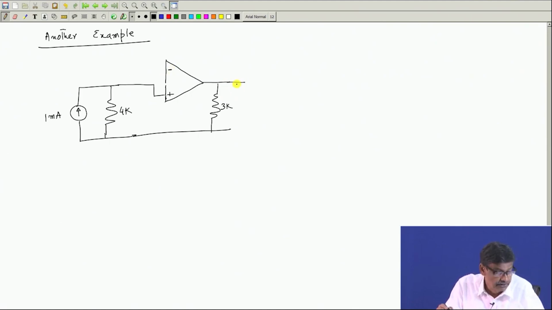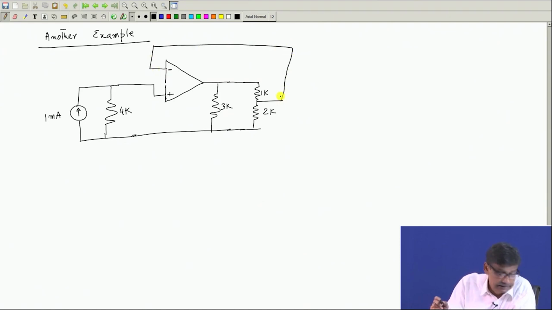Now, at the output of this op amp, there is only one op amp here, and this one is connected across a 1 k and 3 k, 2 k in series, and this potential is fed back here like this.